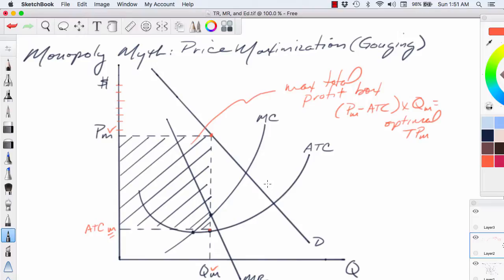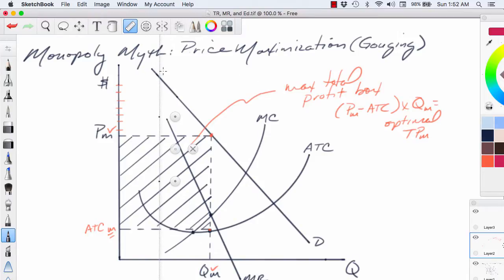Okay? Now, let's suppose, for the sake of argument, that this firm tries to charge a price above Pmax. So let me pull up my ruler function here and move the production rate much lower.